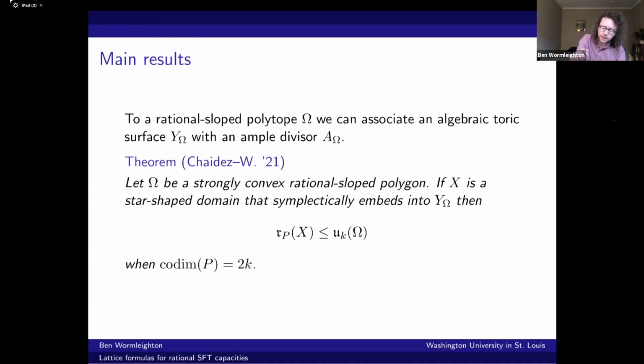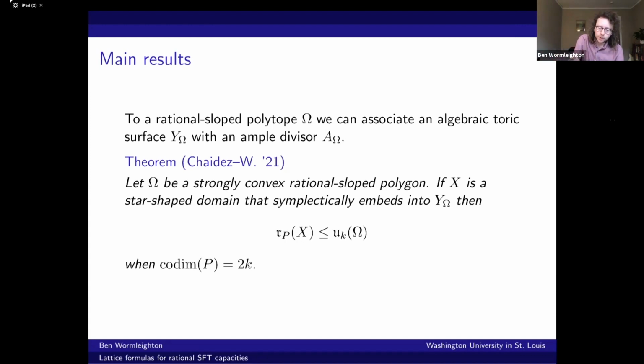It's just a technical condition, it doesn't matter that much. To such a polytope omega, we can associate an algebraic toric surface called Y omega with an ample divisor A omega. And so I can use A omega to think of Y omega as a symplectic manifold.